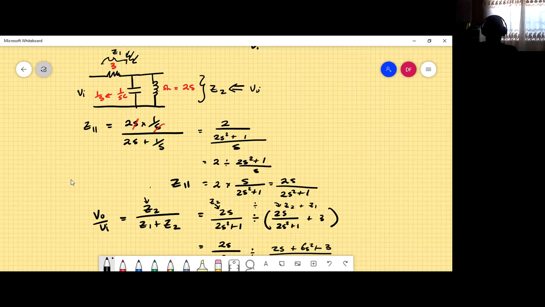It's just that I put it down first. This is Z1 and this is Z2. So it's just that I put Z2 plus Z1 instead of Z1 plus Z2, but it's the same thing.